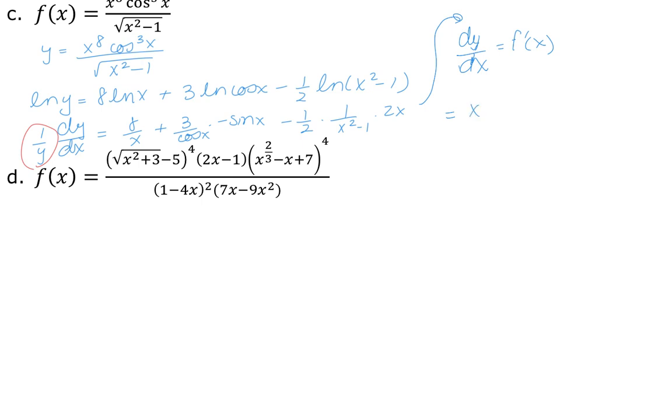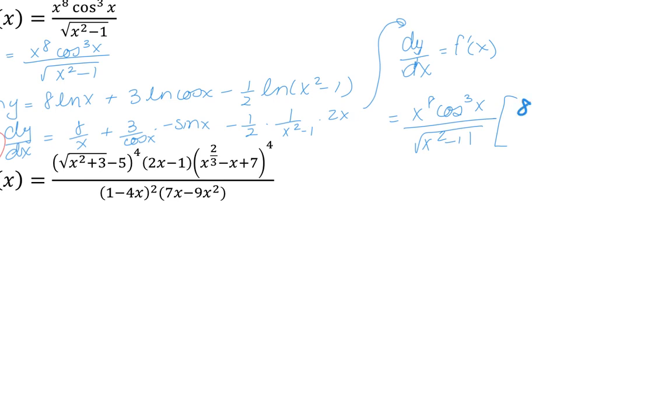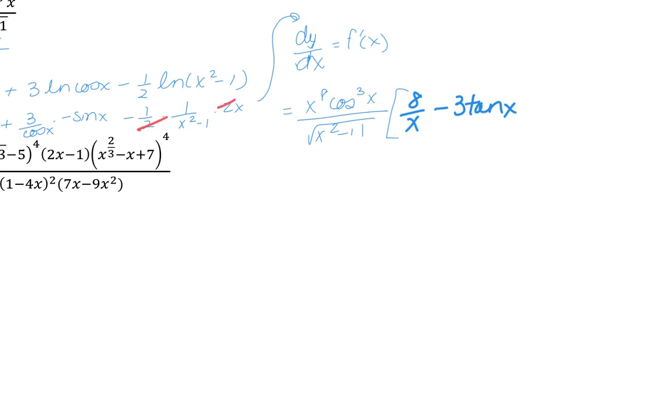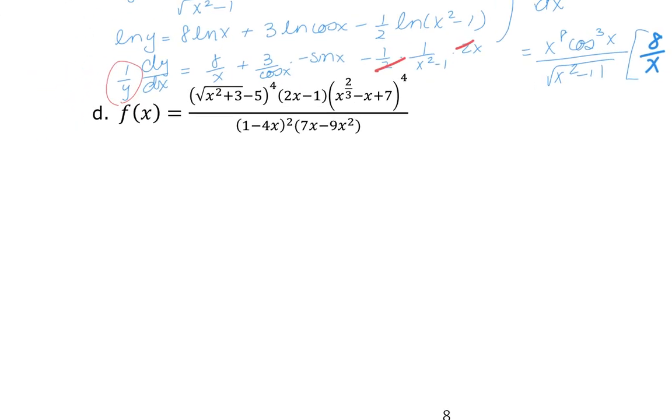My y was x to the 8th cosine cubed of x over the square root of x squared minus 1, and then it's going to be multiplied by 8 over x minus 3 the tangent of x, minus x over x squared minus 1, because this 2 and that 2 cancel. And that's my final answer. Much easier than trying to use the product and quotient rule and chain rule all in one place.